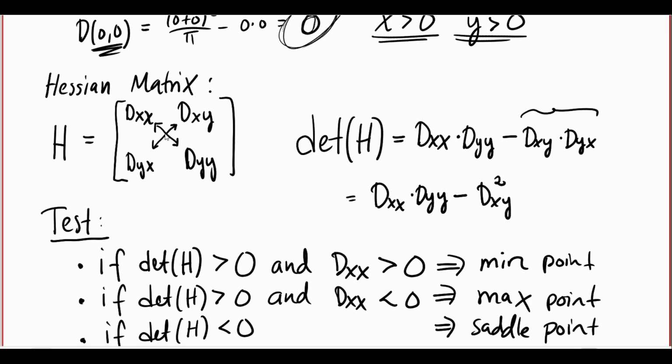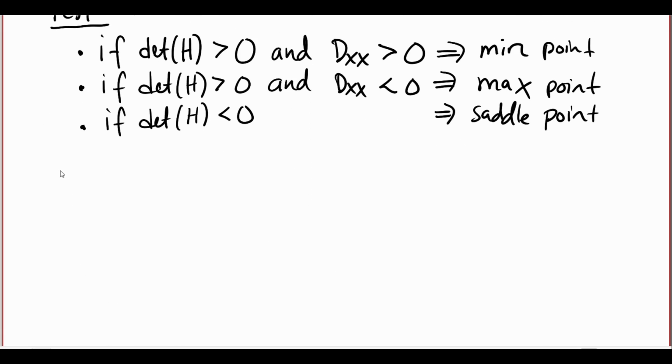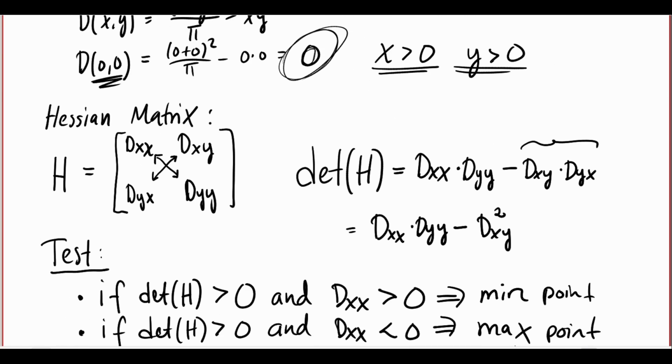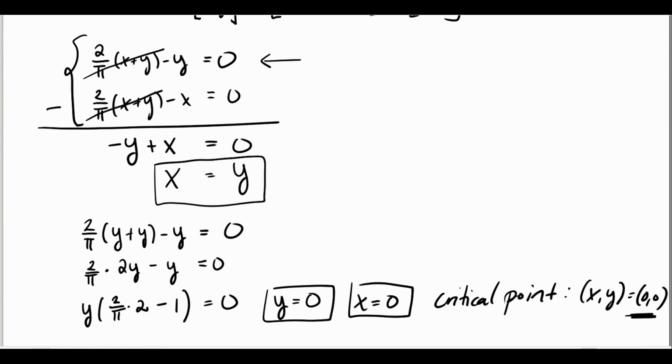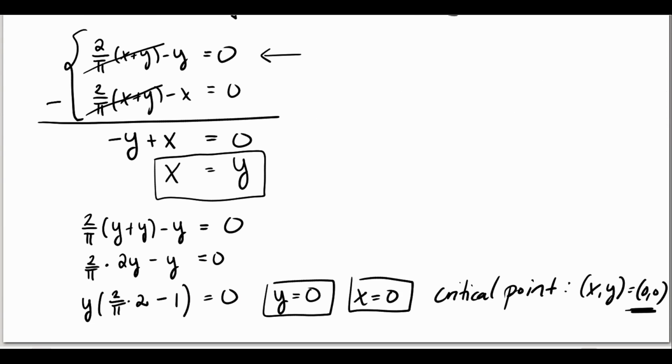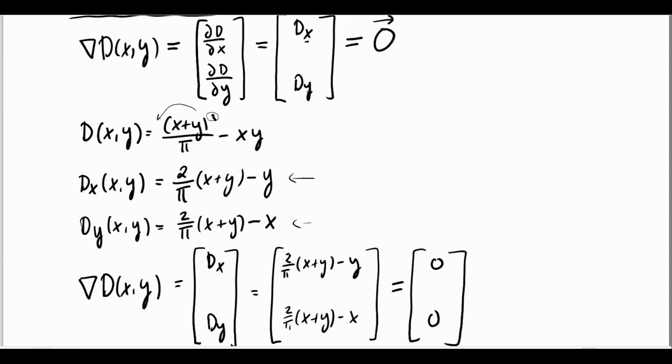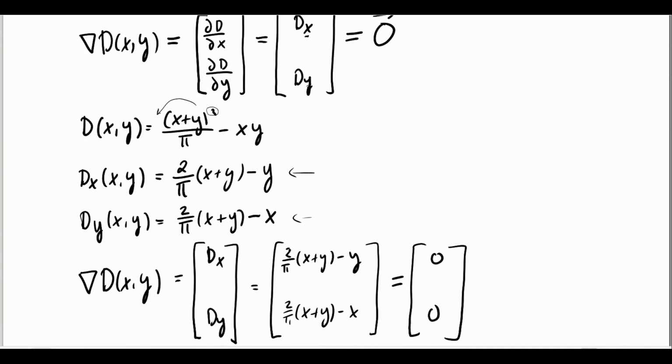So we have dx, which is the same as what we computed here. So dx is this thing here, and dy is this thing here.